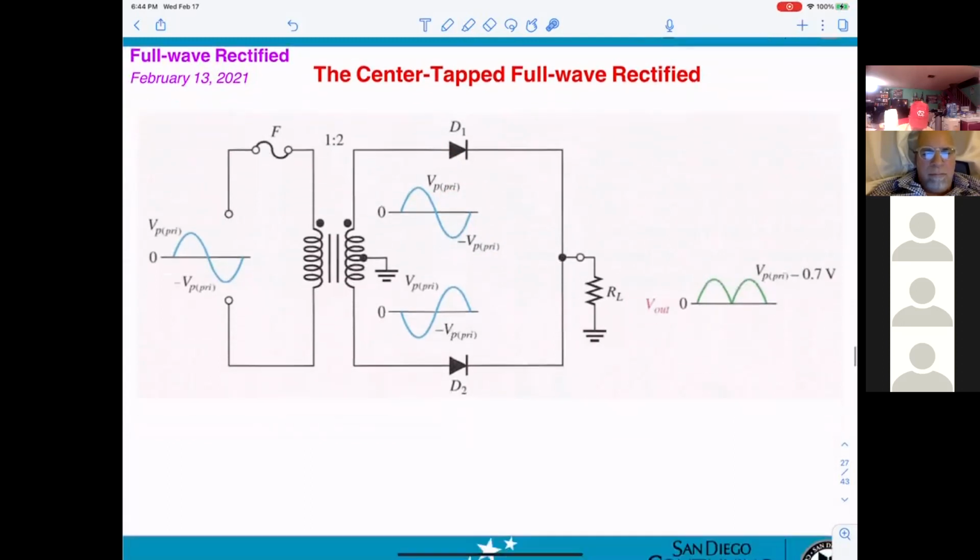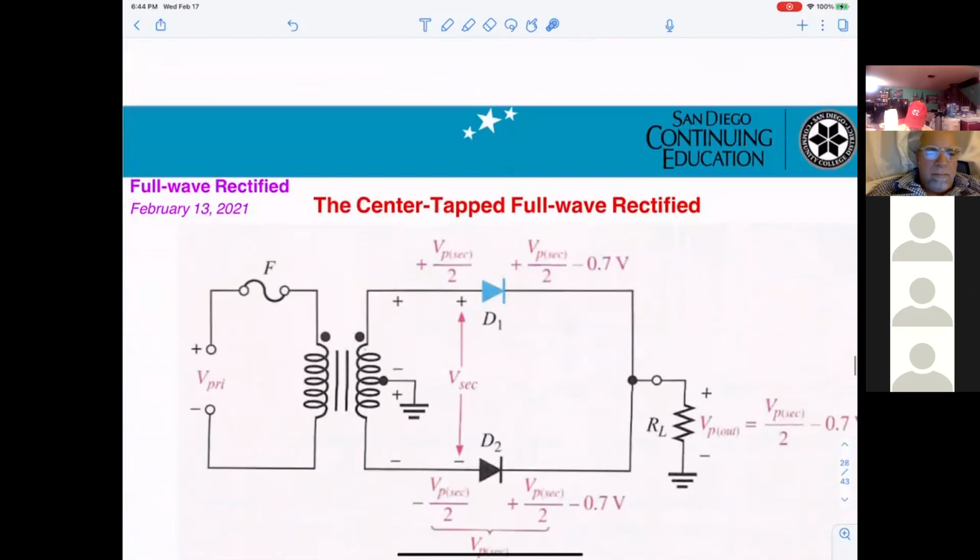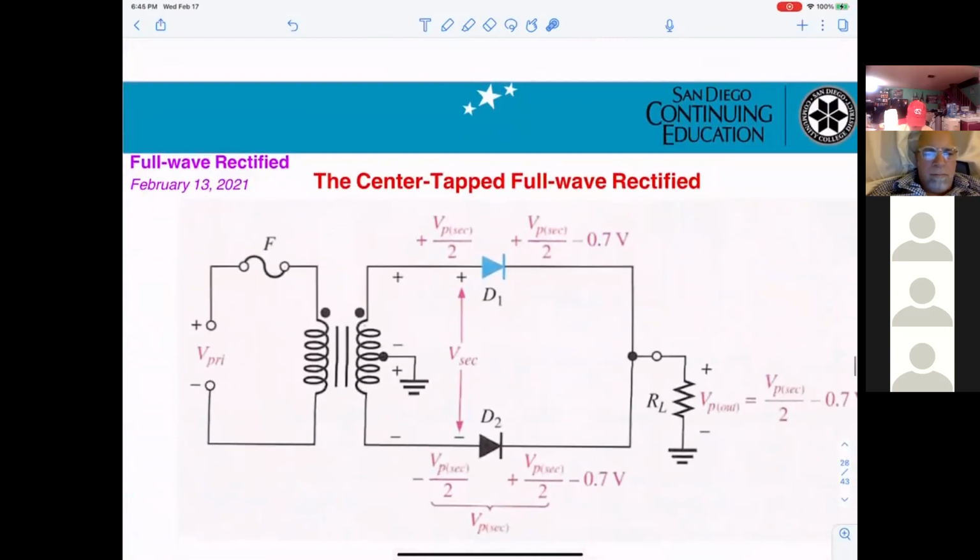That's just for you guys to look into, the complete calculation here. So basically, you get positive when this diode is on, negative when the other diode is on. And finally VP out will equal VP secondary divided by 2.